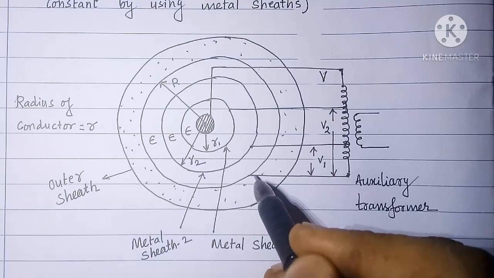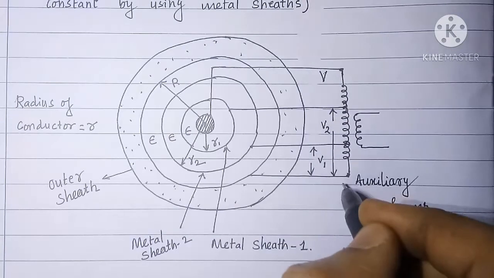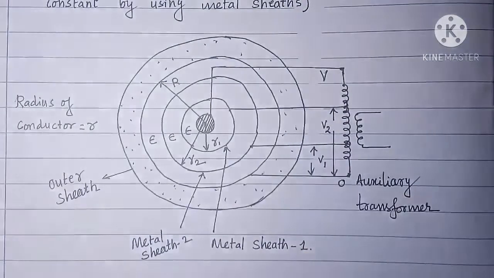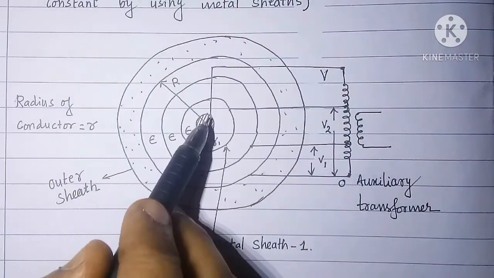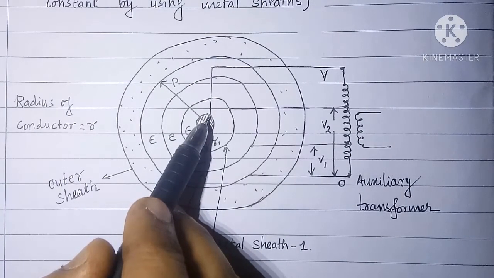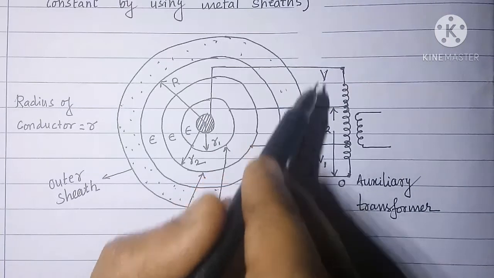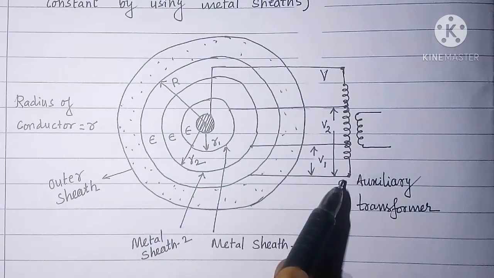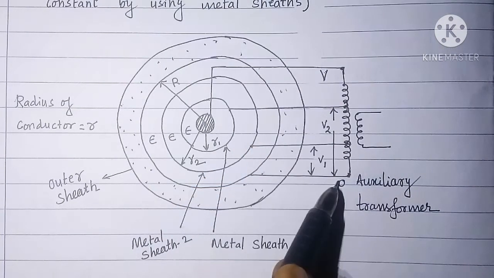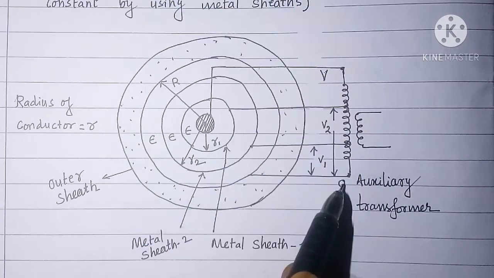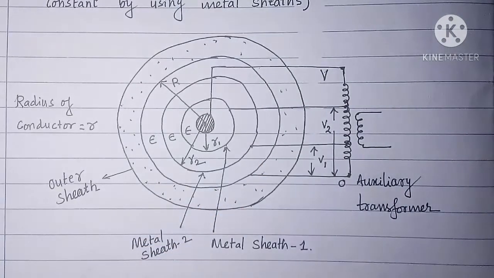And the potential at the surface of third insulator is equal to 0. I can write here now 0. The potential difference between conductor surface and the inner surface of outer sheath is equal to V minus 0, that is equal to V.